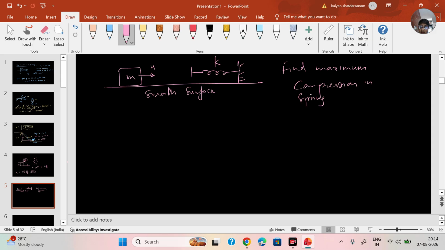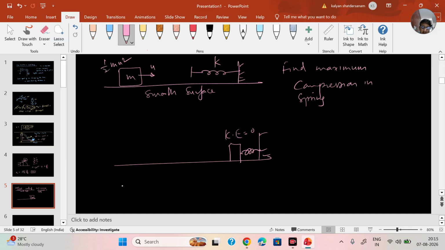Initially the block has speed u, but the moment it touches the spring, the spring starts exerting force on it. Eventually the block will compress the spring and finally stop, because the spring retards the block. So its kinetic energy here becomes 0. Initially it had kinetic energy half m u square.